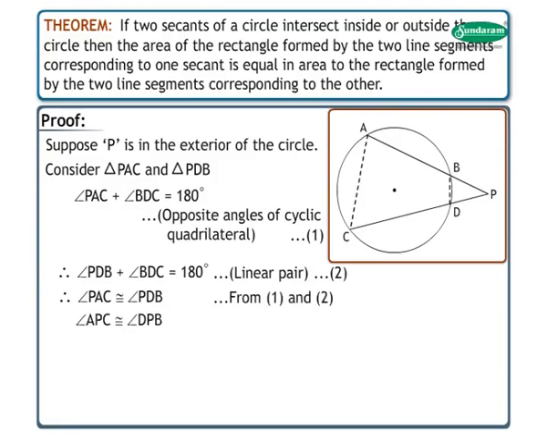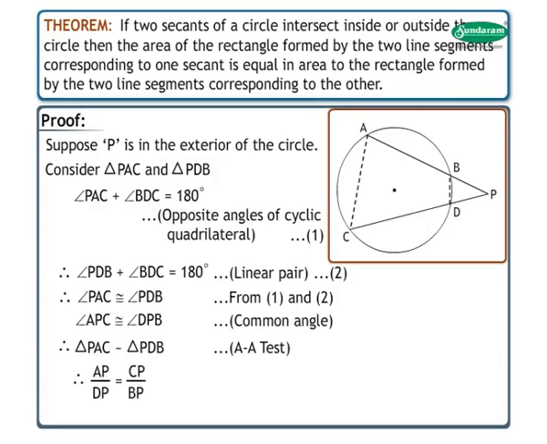Angle APC is congruent to angle DPB since they are a common angle. Therefore, triangle PAC is similar to triangle PDB by the angle-angle test of similarity. Therefore, AP upon DP is equal to CP upon BP, as corresponding sides of similar triangles are proportional.